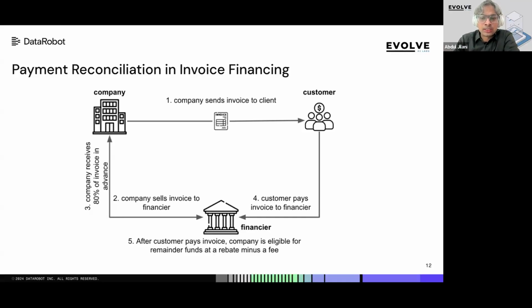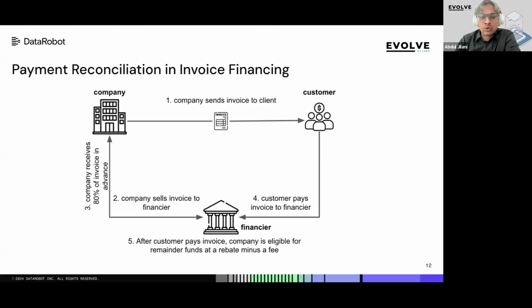In the meantime, the company could go to a lender or a financier. They could sell this invoice, and the financier will pay them 80% of the invoice upfront. What this does for the company is open up a line of revenue quite early in the cycle, so that they don't have to wait for the pay cycle of the customer.